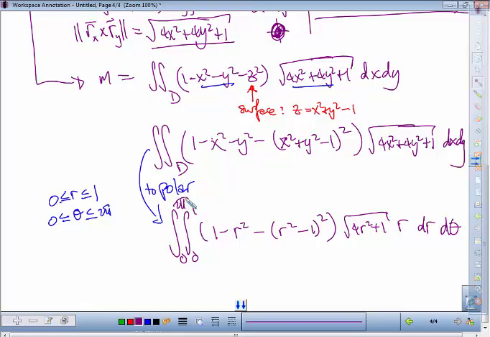I'd like to stop here now, and if you want to do this, you can go ahead and do it on your own. But this is a surface integral, and one application of a surface integral would be to find the mass.